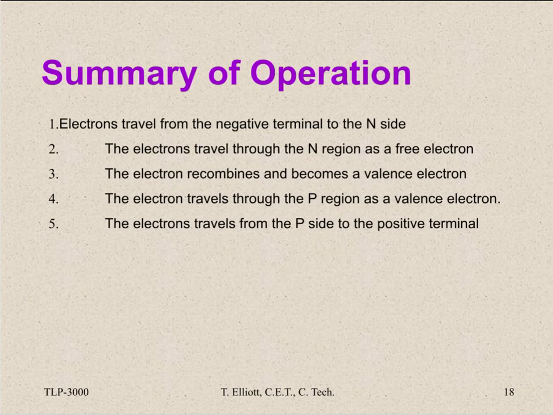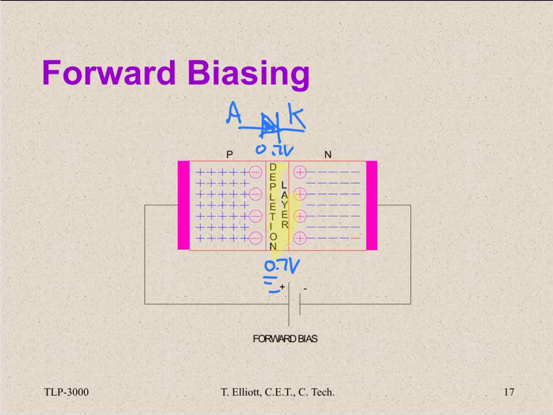Summary of operation. Electrons travel from the negative terminal to the N side. The electrons in the N region are being repelled by the strong negative charge on the negative plate of the source, kicking those electrons across the depletion region, and some of the electrons will fall into holes and recombine to form the current.